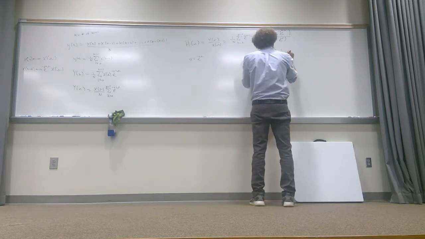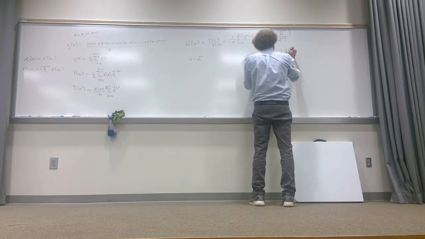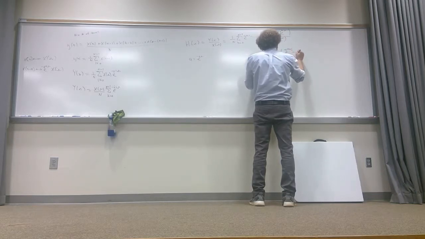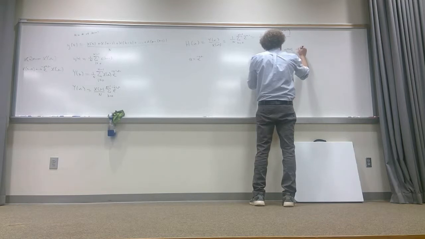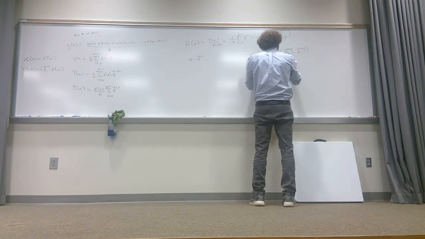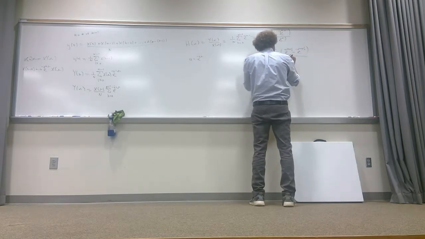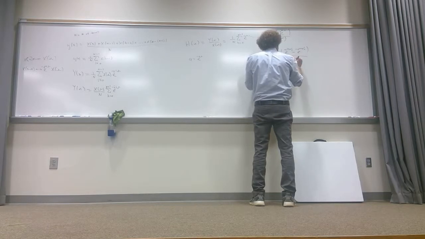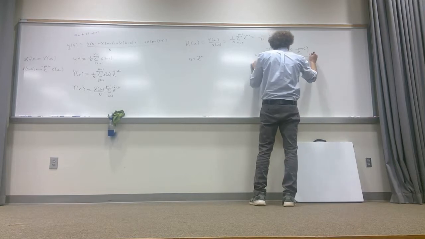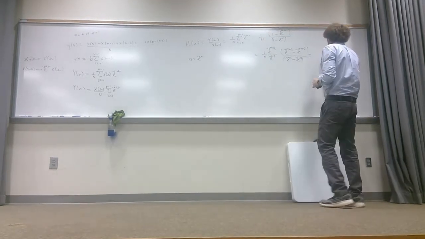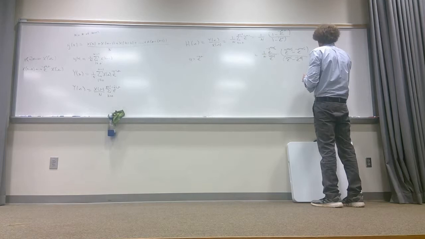And then it's going to be times e to the plus j n omega over 2 here, minus e to the minus j n omega over 2 here, over e to the plus j omega over 2, minus e to the minus j omega over 2. And I know that's 1 over n, right?